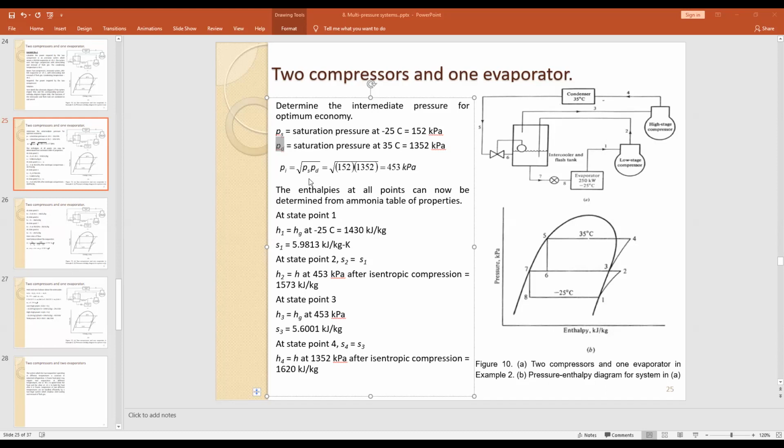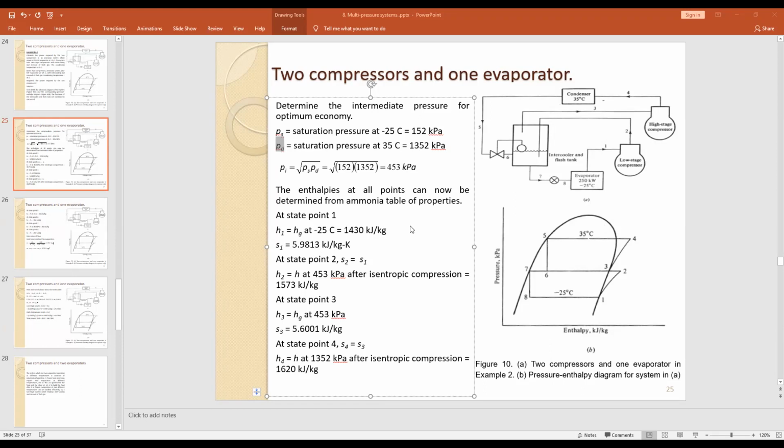So, intercooling pressure is the square root of PS times PD, equal to the square root of 152 times 1352, is 453 kilopascal. Take note that these are absolute pressures. So, the enthalpies at all points can now be determined from the ammonia table of properties.